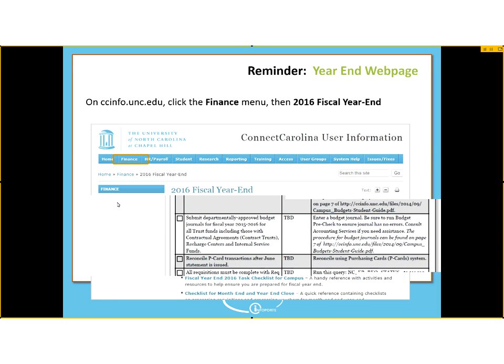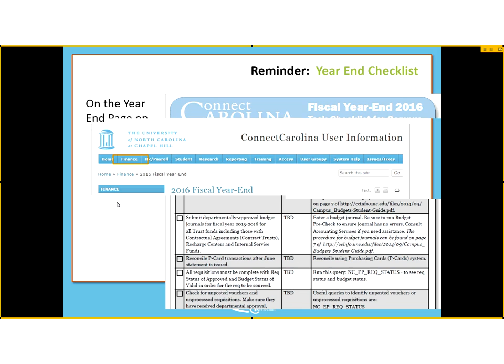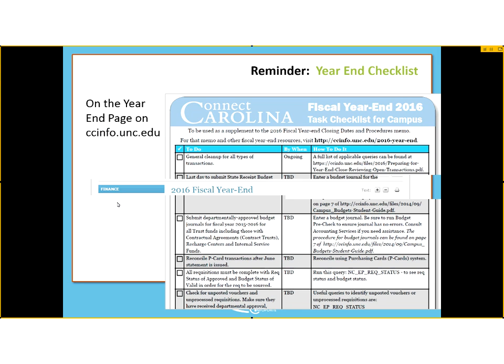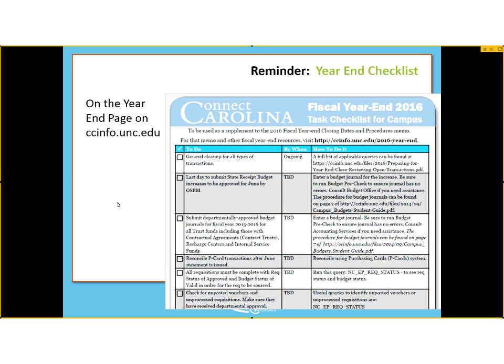There is a really, really handy checklist. This will probably look familiar to you because we used something just like this last year, but it's been updated for this year. This gives you a list of the things that you need to do to prepare for the closing of the fiscal year. And it also tells you by when those things need to be done. Now you'll notice in the center column, the by when column there, that right now many things say TBD.